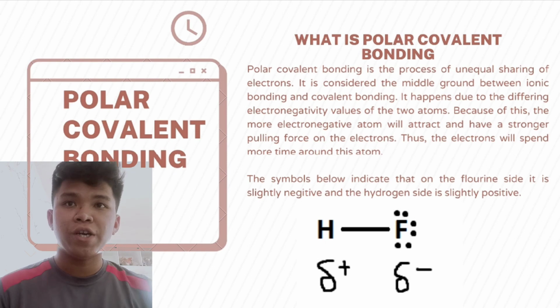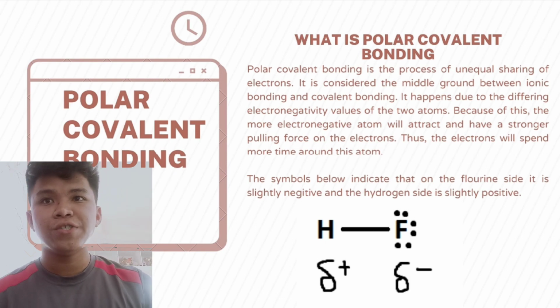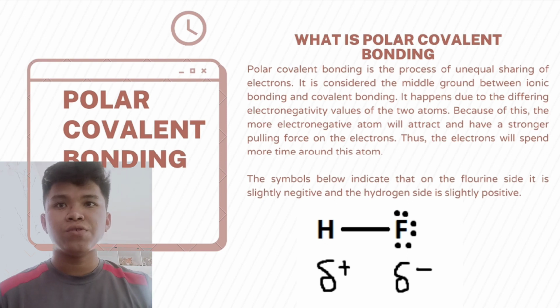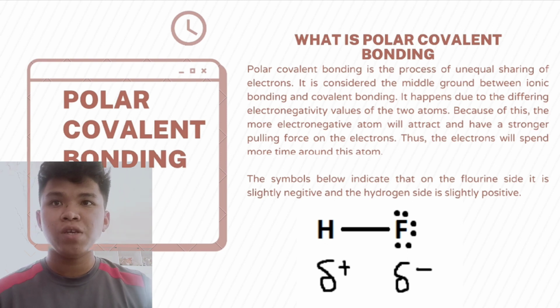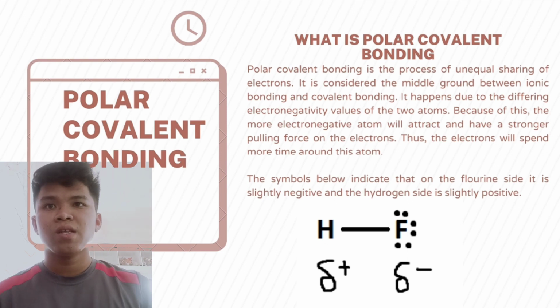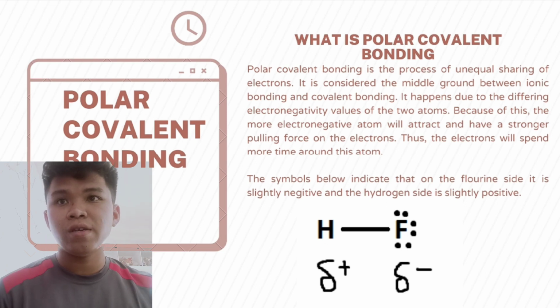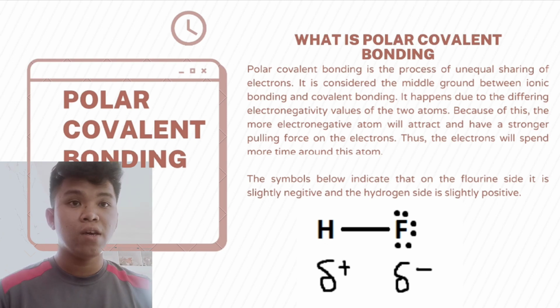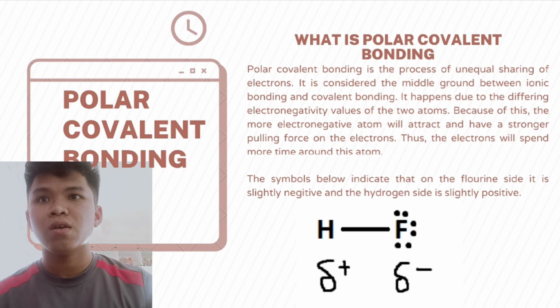So what is polar covalent bonding? Polar covalent bonding is the process of unequal sharing of electrons. It is considered the middle ground between ionic bonding and covalent bonding. It happens due to the differing electronegativity values of the two atoms.